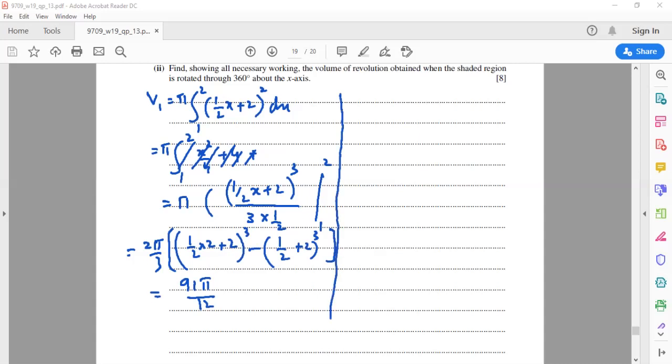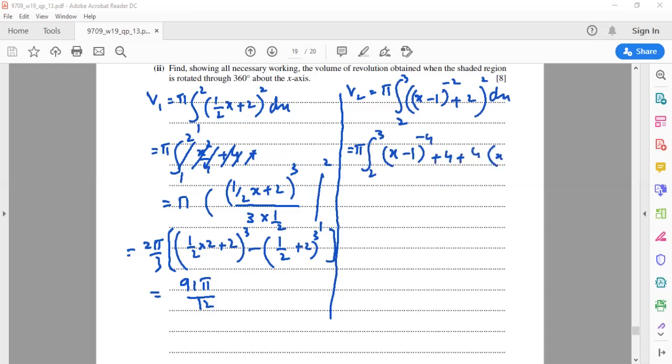Now, similarly, the second volume V2 is the integration of the curve. And the limits of integration will be from 2 to 3, pi times y squared, which is ((x minus 1) to the power minus 2 plus 2) whole squared dx. If you simplify this, it becomes (x minus 1) to the power minus 4 plus 4 plus 4 times (x minus 1) to the power minus 2 dx.